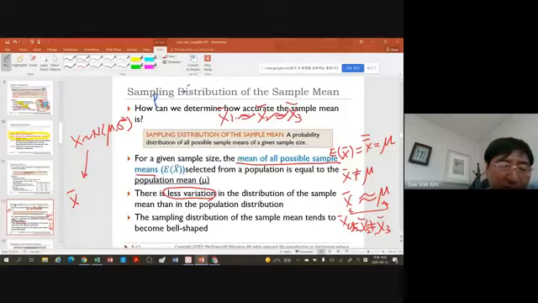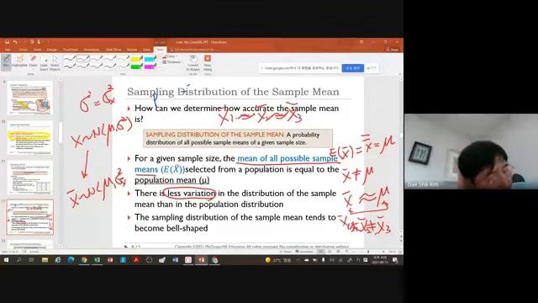The sample mean will follow a normal distribution with average mu, so x double bar is equal to mu. But here, sigma square of x bar.